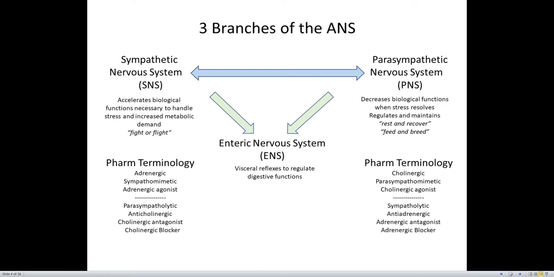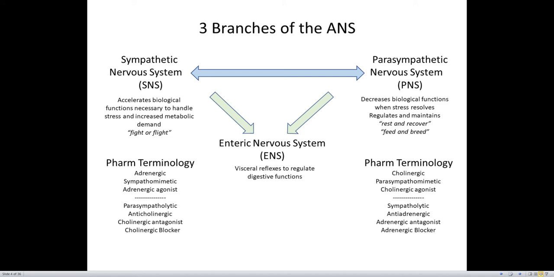Now, if we go over to the other side, same thing is happening with the terminology, cholinergic or parasympathomimetic or cholinergic agonist. These terms all mean the same thing. That means they're activating the parasympathetic receptors. They're mimicking a parasympathetic response. So the one you're most comfortable with probably from hopefully last semester are the muscarinic receptors.